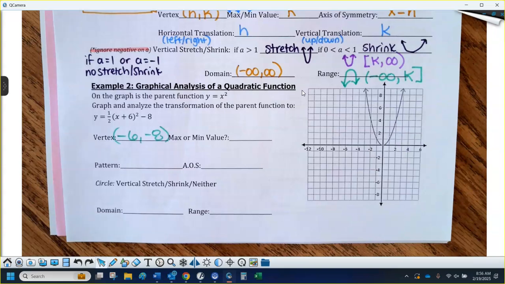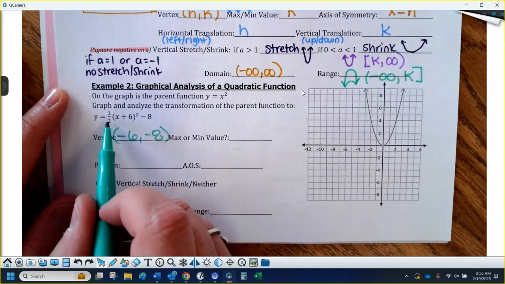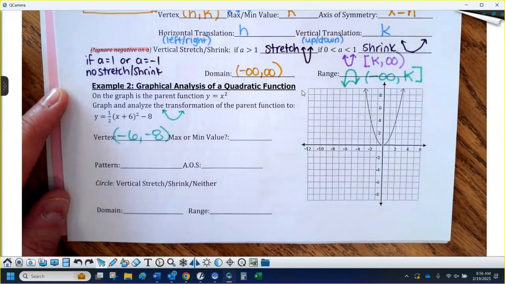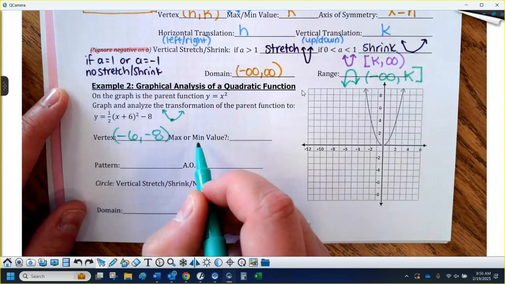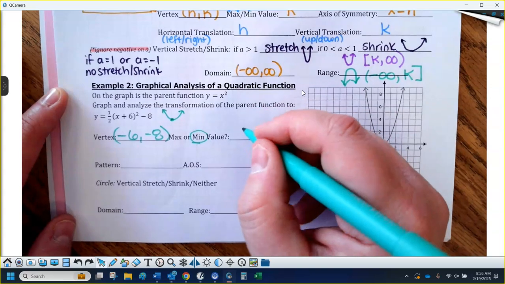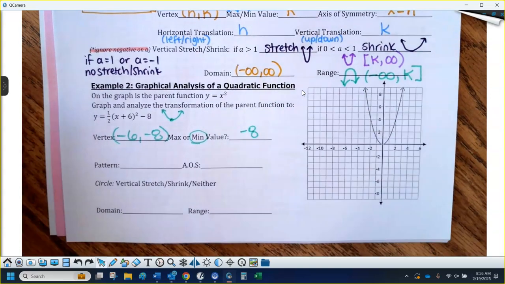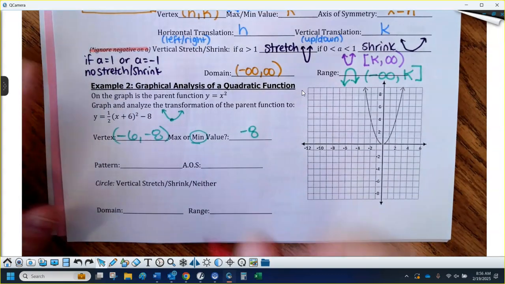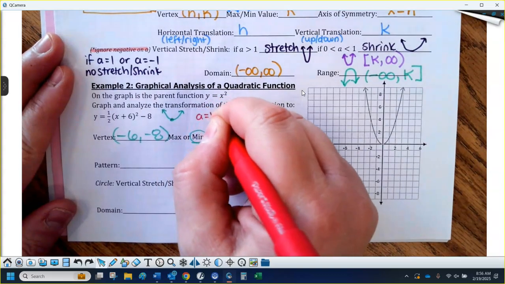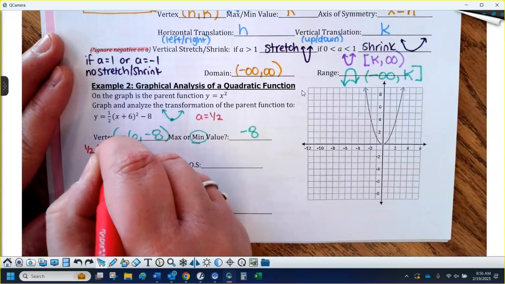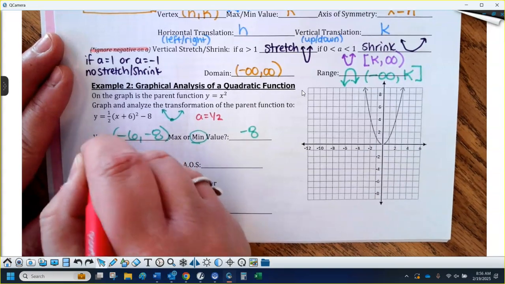All right, now because of the way this is positive 1/2, I know the graph is going to turn right side up, so that'll be a minimum value, and that'll just be the y-coordinate of the vertex, which is -8. For your pattern here, remember, if you have a number in front of the parentheses, a is 1/2, you just multiply that by the 1, 3, 5.